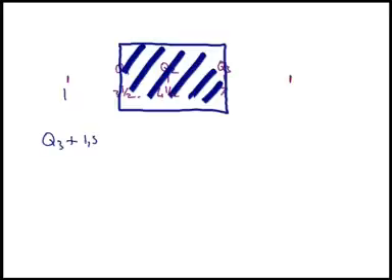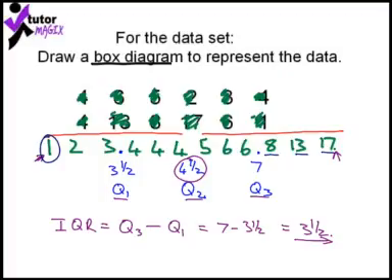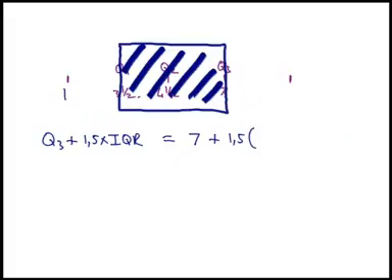To find the outlier values, we say Q3 plus 1.5 times the interquartile range. That's why we worked out the interquartile range before. Q3 is 7, plus 1.5 times the interquartile range, which is 3.5. 1.5 times 3.5 is 5.25, and that then gives us 12.25.